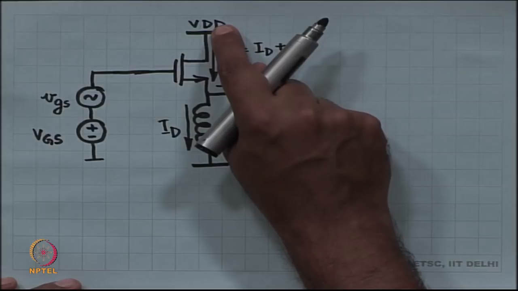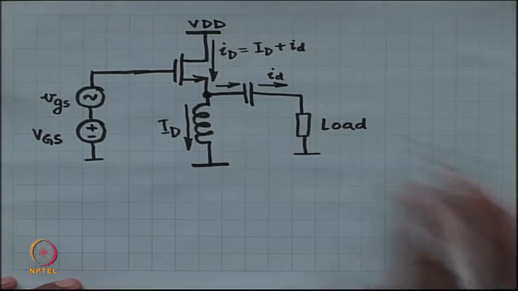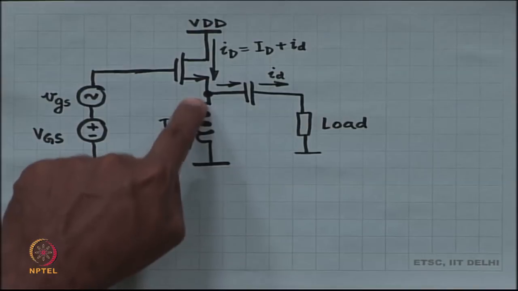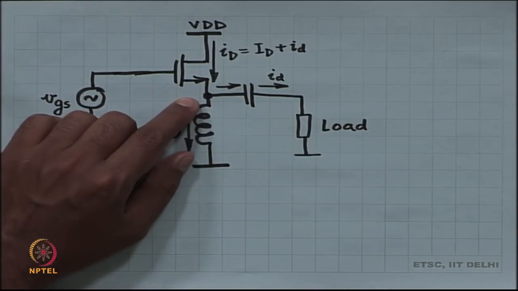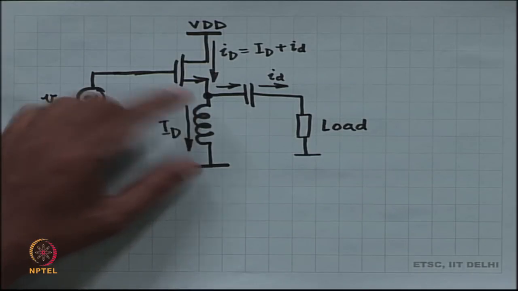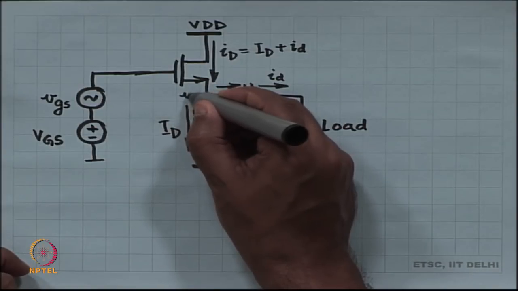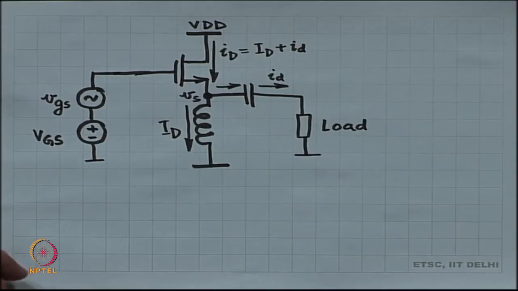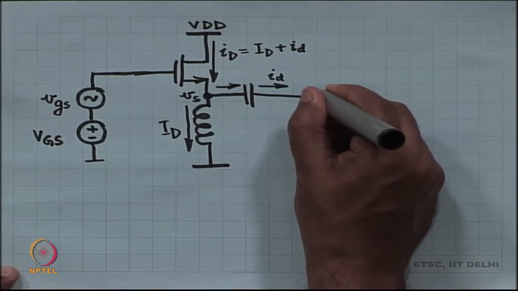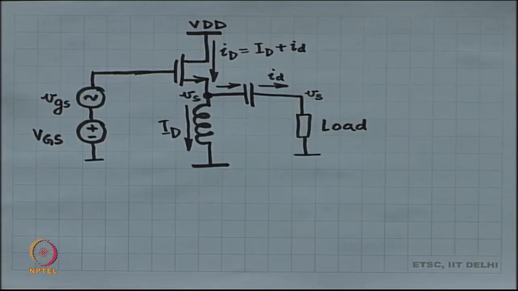The drain voltage is fixed at VDD. The source voltage is 0 because of the inductor, right. The DC operating point of the source voltage is 0, and then there is a small signal, an incremental signal part of it, which makes it equal to small v s. Okay, the capacitor is a short circuit for this particular incremental voltage.